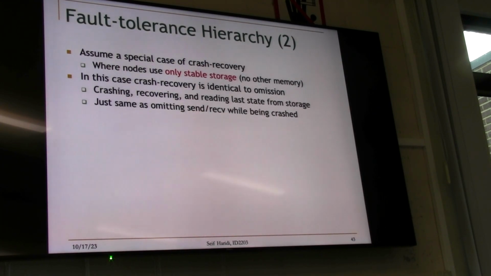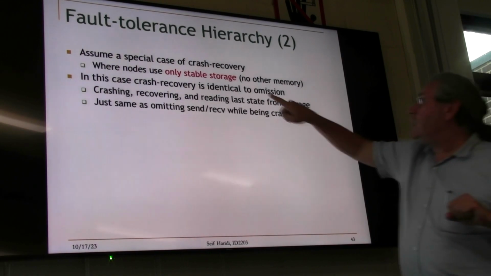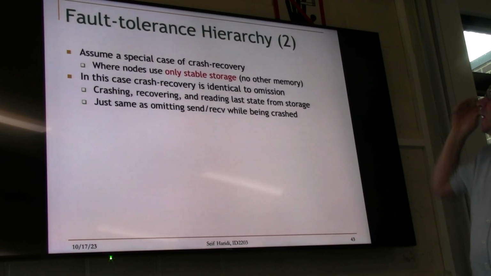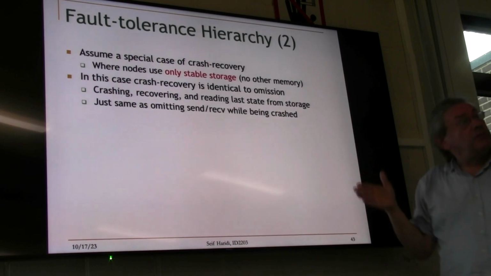What about crash recovery? Okay, now we can reason. We can actually connect crash recovery to omission failures. Okay, so let's do it in 2 steps. So I want to make some connection between crash recovery and omission. So let's say I'm using a special case of crash recovery where I only have stable storage, no RAM, only disk. Okay? And when I do that, crash recovery is identical to omission.